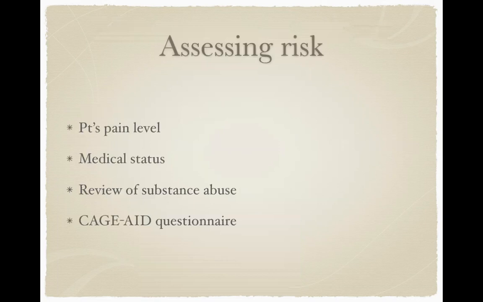All right, so we'll move on to talking about assessing the risk. Before prescribing opiates, dentists must document the patient's pain level, the medical status, and most importantly, a review of substance abuse. So one of the screening tools that the RCDSO recommends for substance abuse and misuse is the CAGE-AID questionnaire.